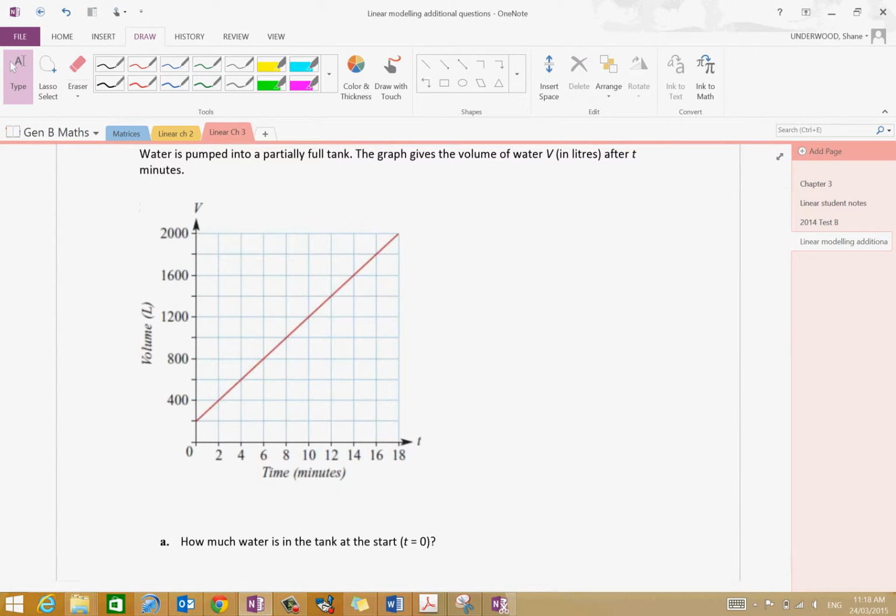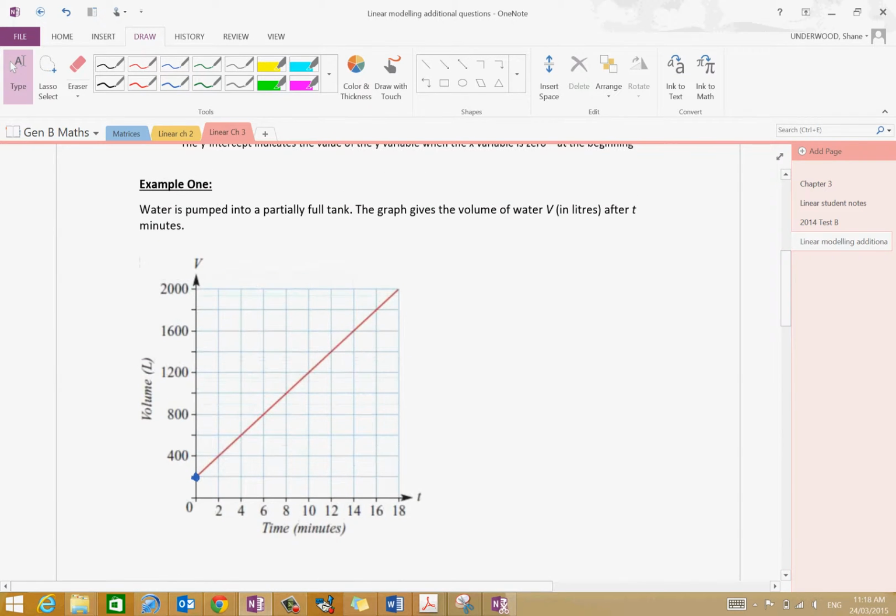How much water is in the tank at t equals 0? Well, a lot of you must realise that at t equals 0, we want what we know as the y-intercept, but it's not the y-intercept, is it? It's the volume in litres. If we've got volume as a function of time, some function with a gradient plus the y-intercept, or the v-intercept in this case.